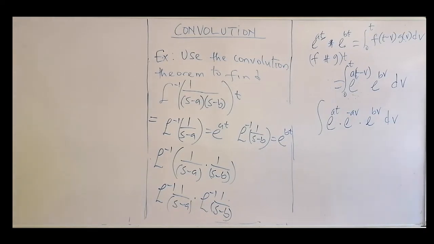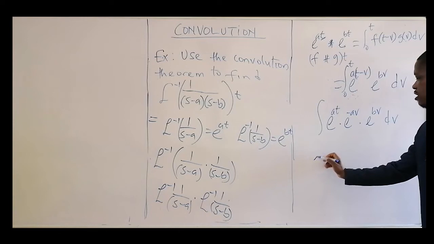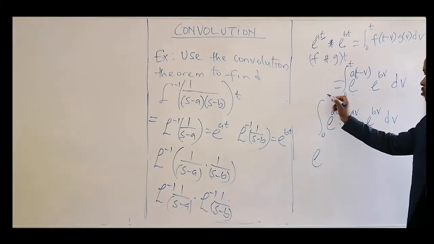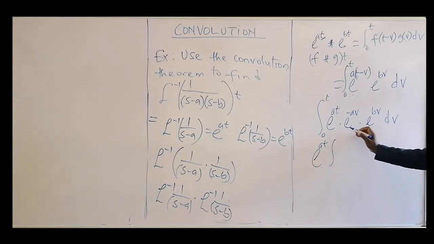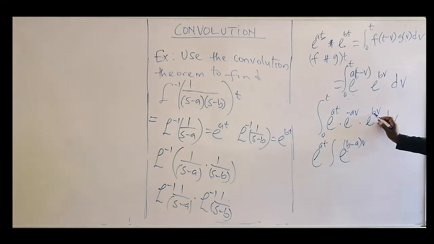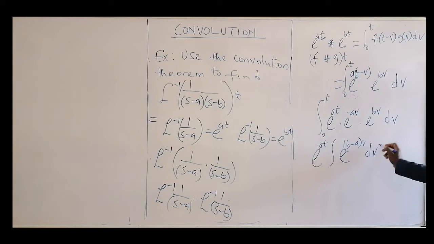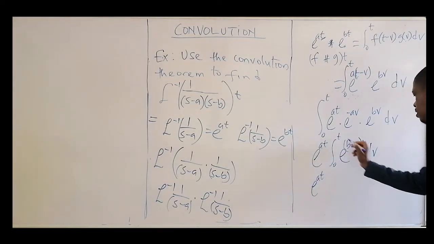This is e^(at) times e^(minus av) times e^(bv) dv. Since e^(at) doesn't have v, you can take it outside the integral from 0 to t. I can combine the others together, and that will be e^((b minus a)v) dv. So this will be equal to e^(at) times the integral of this.